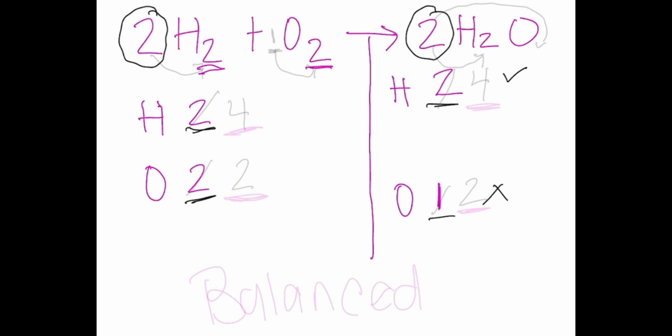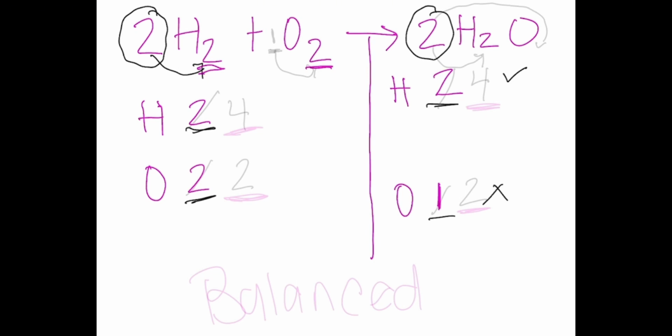You use coefficients because in order to balance your equation, you cannot change your subscripts. If you change your subscripts, you are actually changing your element. So when you use a coefficient, you will use a number between 1 and infinity that you can use distributive property for, in order to multiply by your subscript to get your equation balanced.